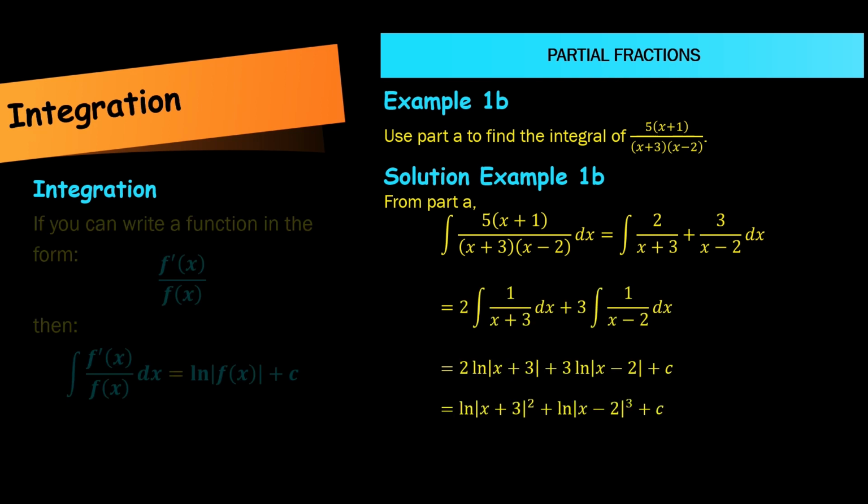This can be expressed as shown. And then written as ln of mod (x plus 3) all squared times (x minus 2) all cubed plus c.